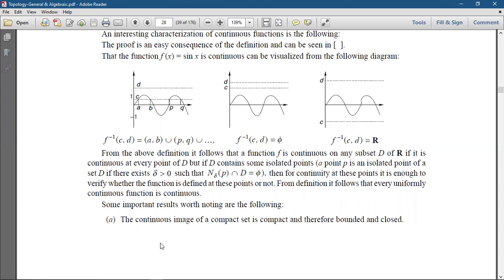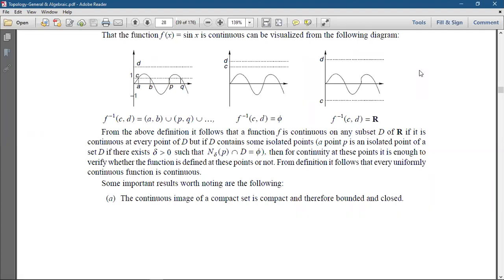Now, from the discussion of the above things, we conclude some points. The first point is the continuous image of a compact set is compact, and therefore we can say closed and bounded.